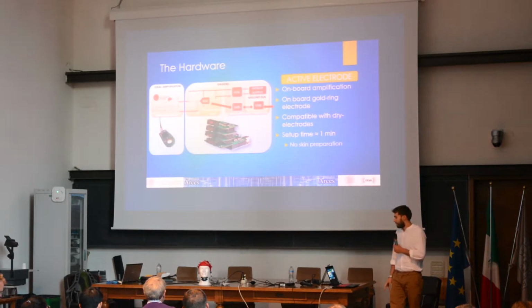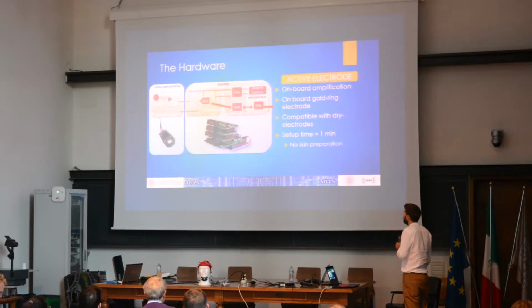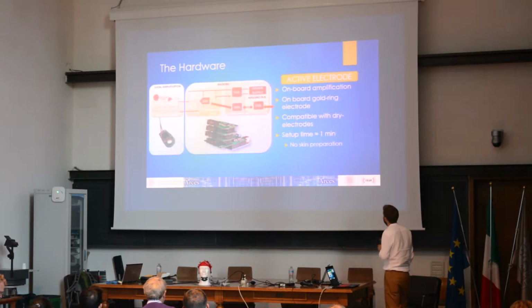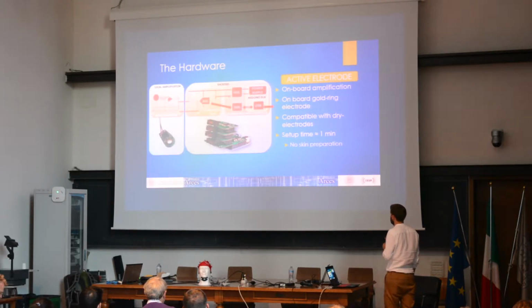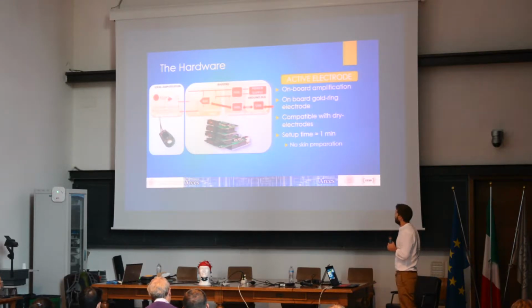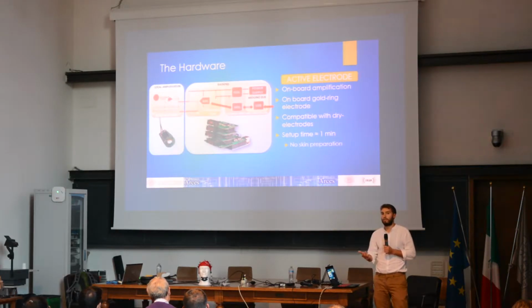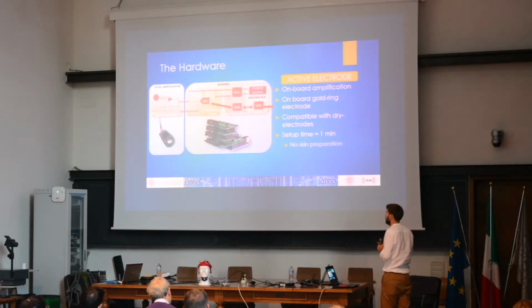In particular, the hardware, if you have a look at the picture on the left, is composed of active electrodes. Active electrodes means that we have onboard amplification. This electrode is a wet electrode, so in order to create the contact between the skin and the electrode, you have to put a little bit of conductive gel in the hole.